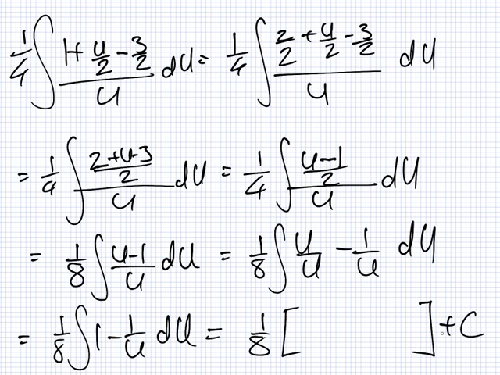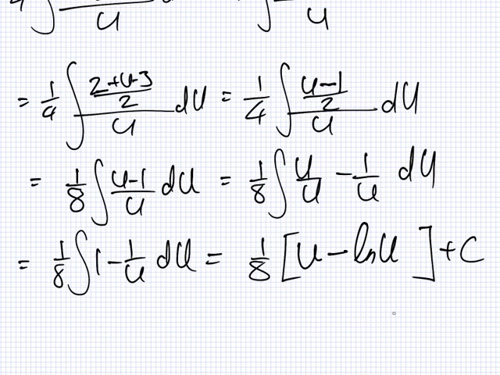Now, when I integrate 1, what do I get? 1u. And when I integrate 1 over u, what do I get? Log u. And to finish, what does the u equal? 3 plus 4x.